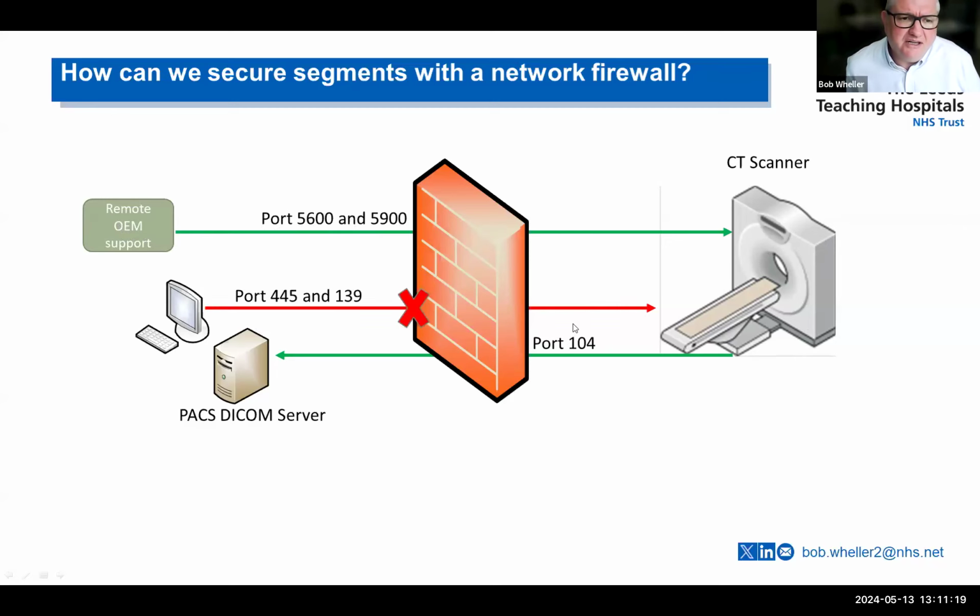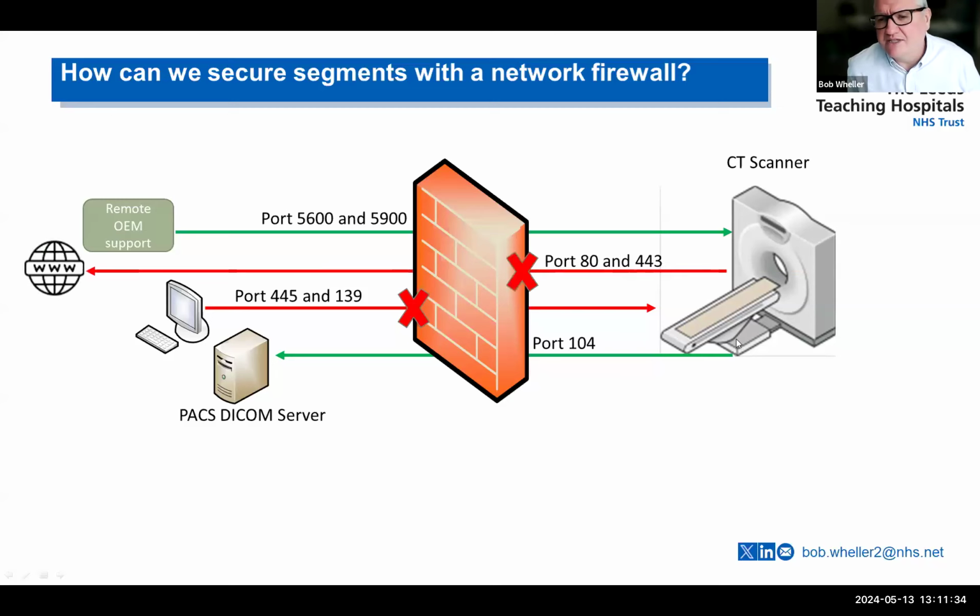What we wouldn't want to see is somebody sat on a general hospital computer trying to write to a file share that was opened up on the CT scanner. So we'd block that with the firewall, and we'd stop that communication happening. Similarly, we wouldn't want somebody sat at a CT scanner opening a web page and accessing the internet, so again we would block that port going out to the internet.